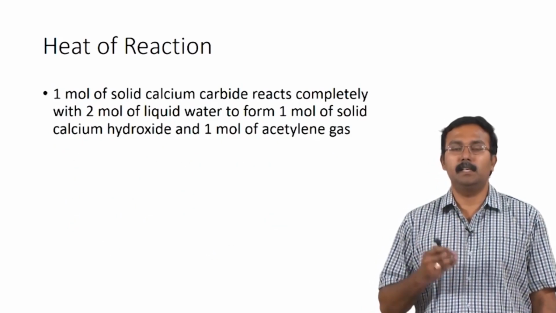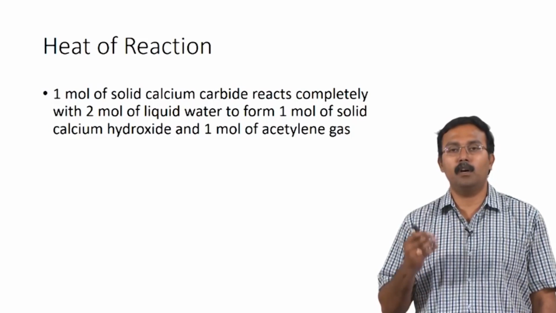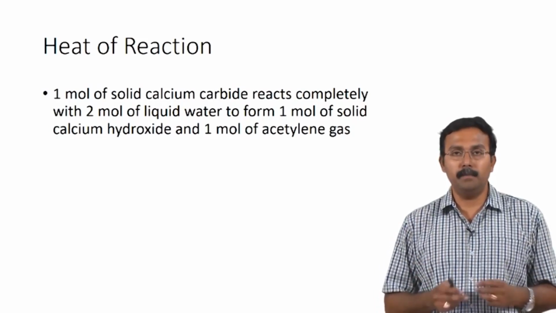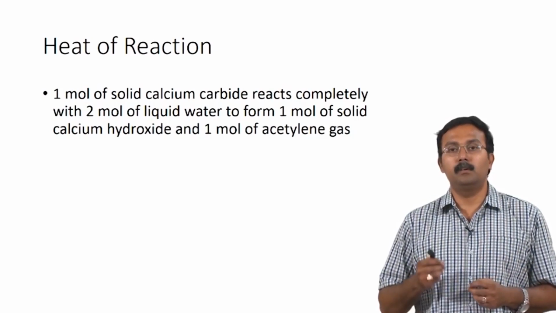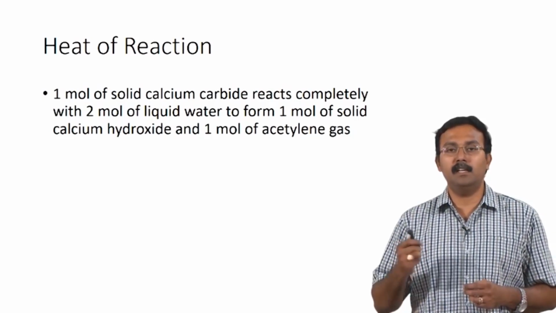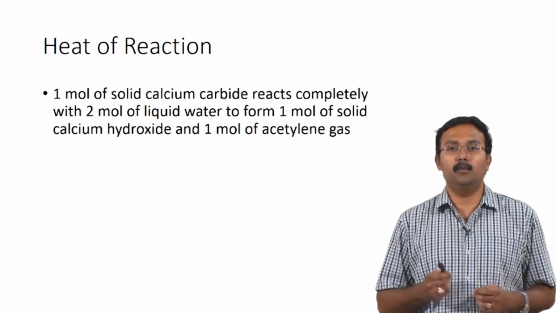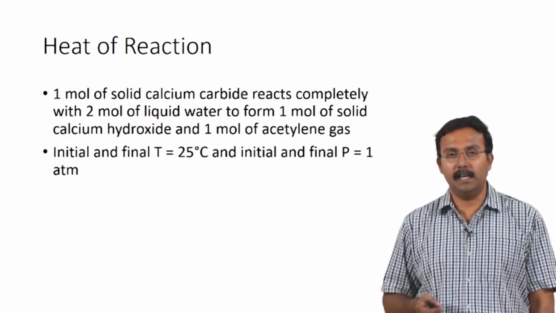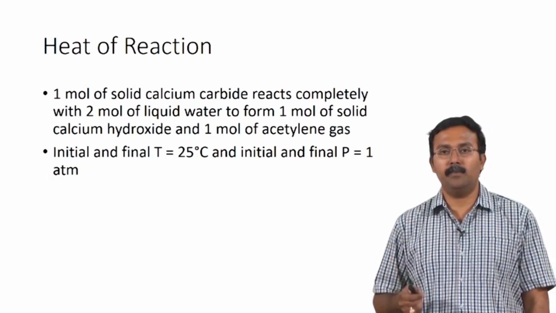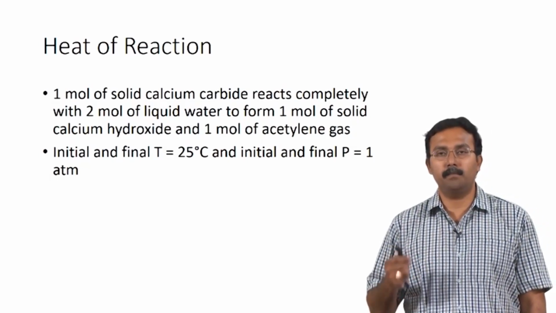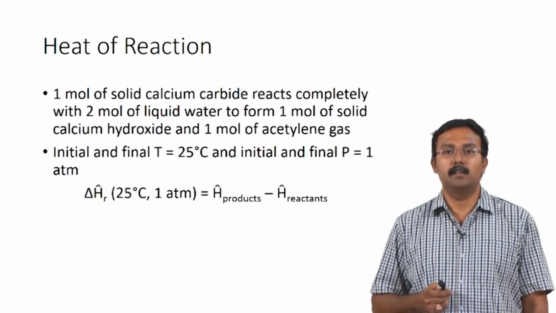So, this is basically 1 mole of calcium carbide solid reacting completely with 2 moles of water in liquid form to form 1 mole of solid calcium hydroxide and 1 mole of acetylene gas. So, initial and final temperature has to be 25 degrees Celsius and initial and final pressure has to be 1 atmosphere.